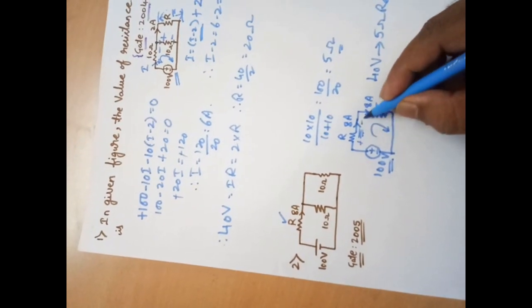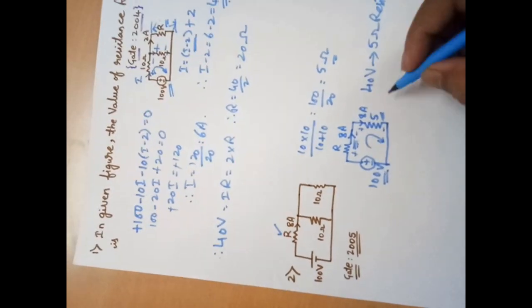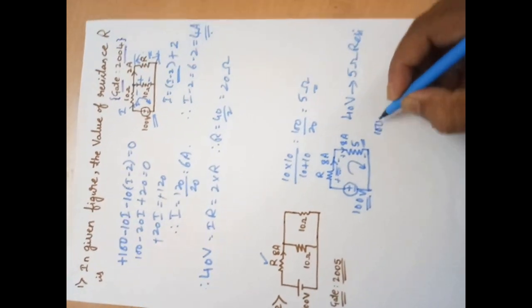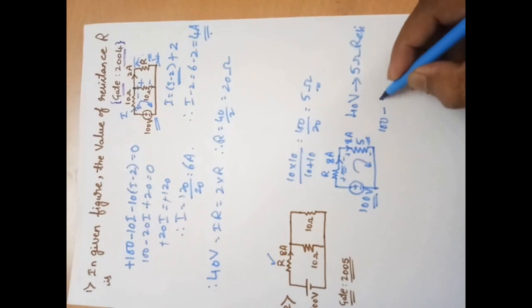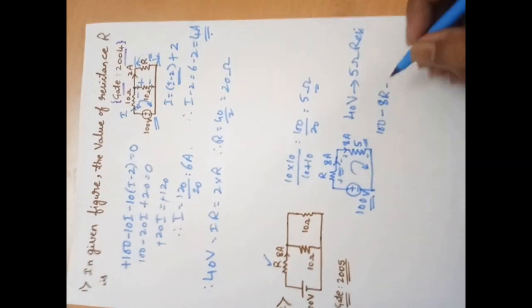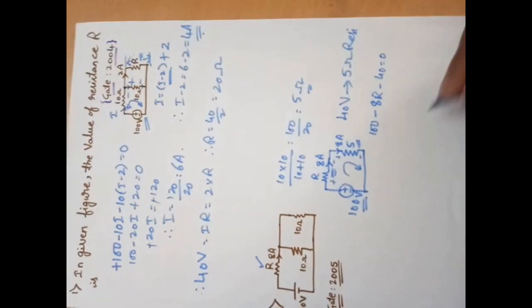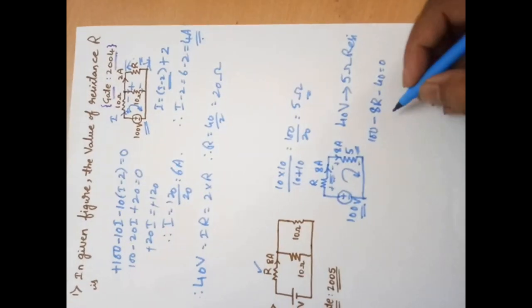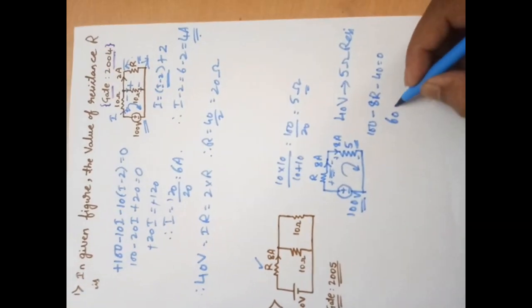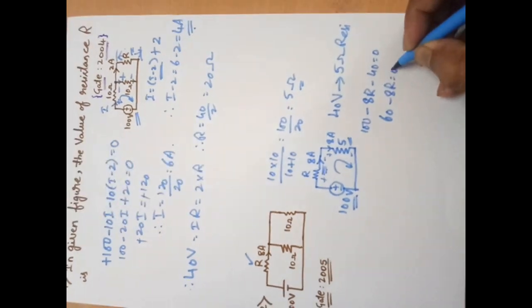This is plus minus, current is given, so you can say minus to plus: 100 minus 8 into R minus 5 into 8, that is 40, equal to 0. So we get 100 minus 40 is 60, minus 8 into R equal to 0.